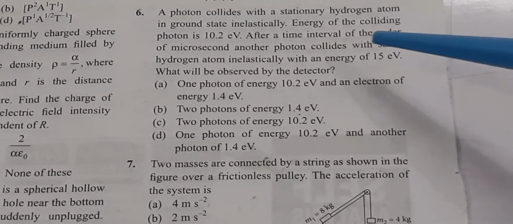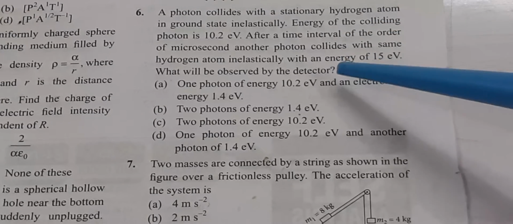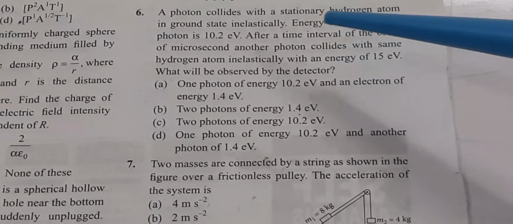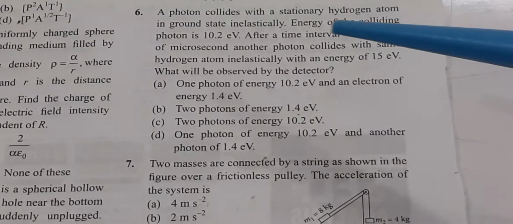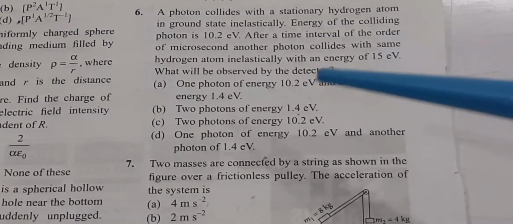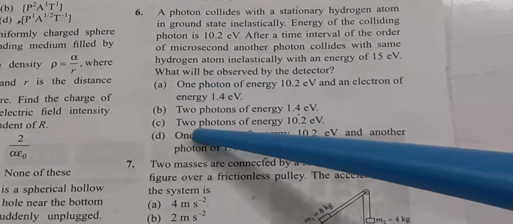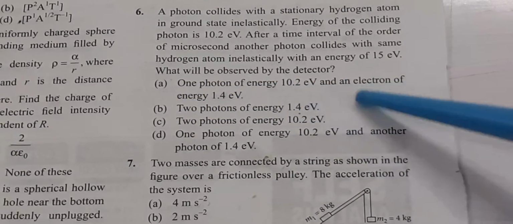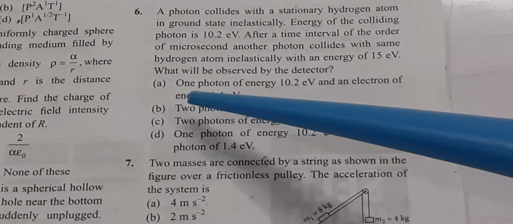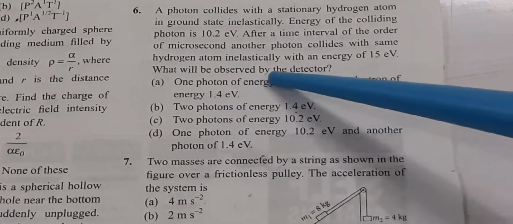So remaining is how much? 15 minus 13.6, that is 1.4 electron volt energy will be left with the photon and it will come out of the system. I mean this electron, now here the choice is one photon of energy 10.2 electron volt and an electron of energy 1.4 electron volt.